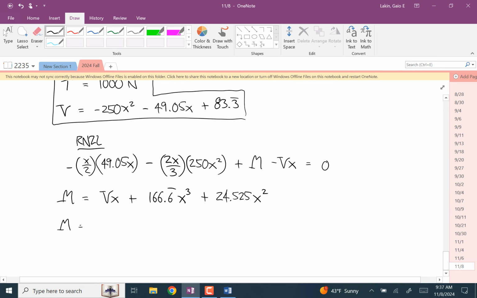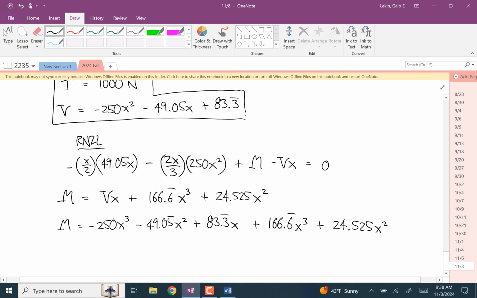So M is equal to negative 250x cubed minus 49.05x squared plus 83.3 repeating x plus 166.6 repeating x cubed plus 24.525x squared.